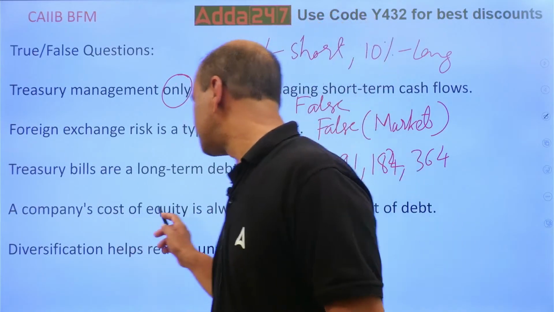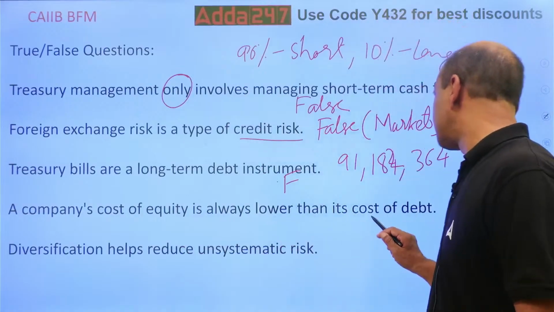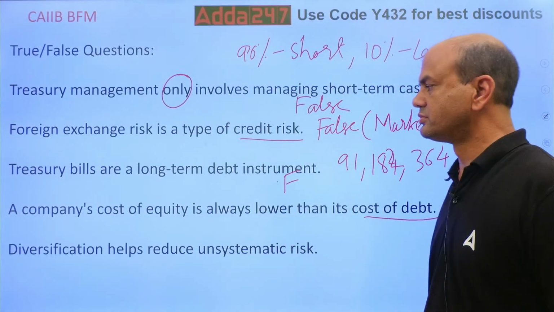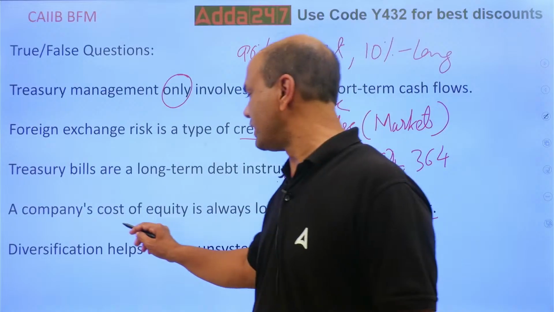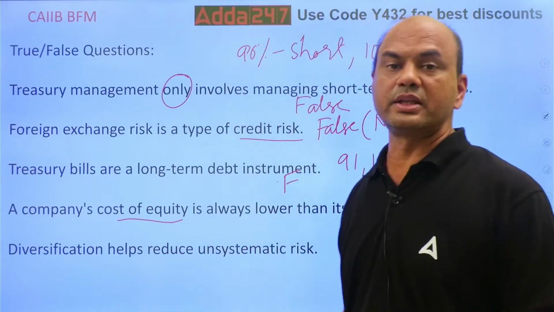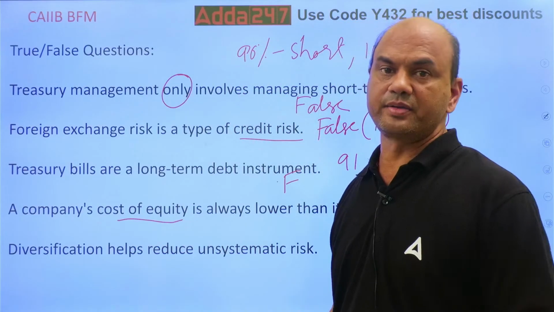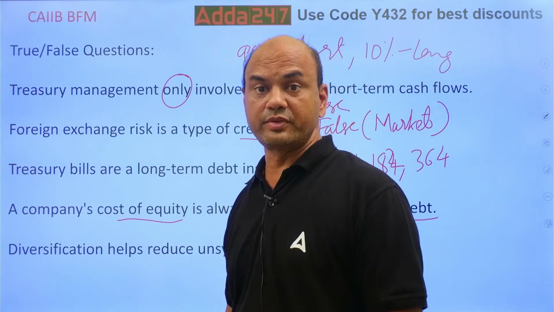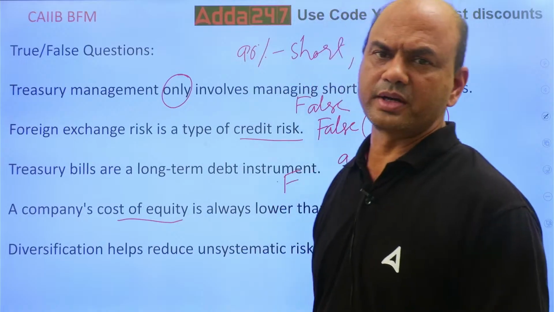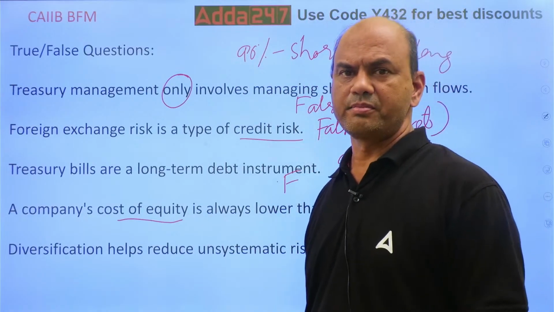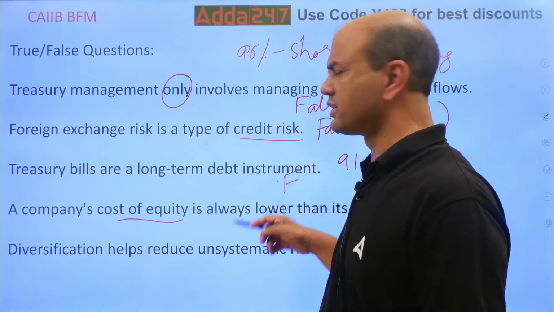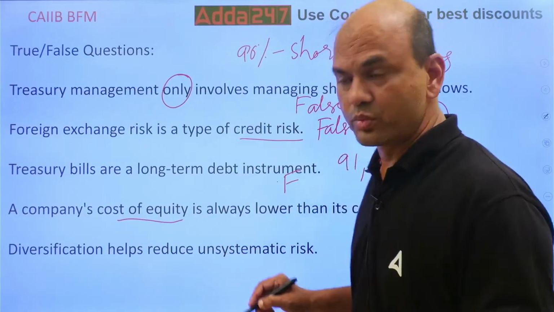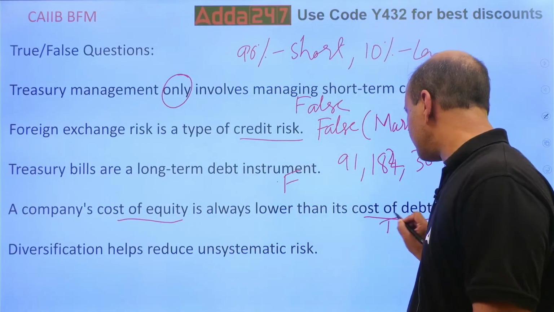A company's cost of equity is always lower than the cost of debt. Is it so? Cost of equity will always be lower than the cost of debt. This is true.